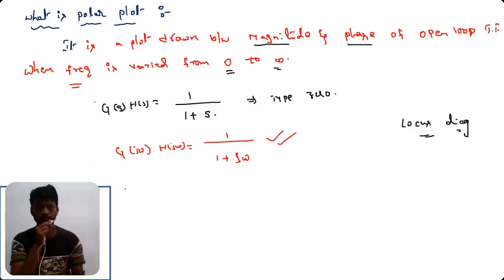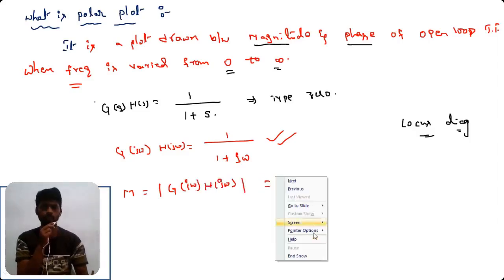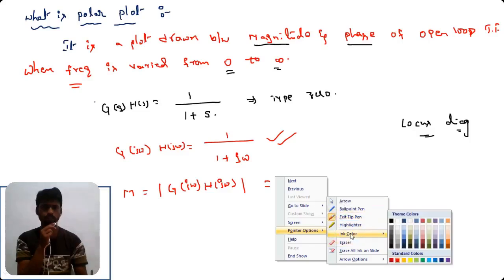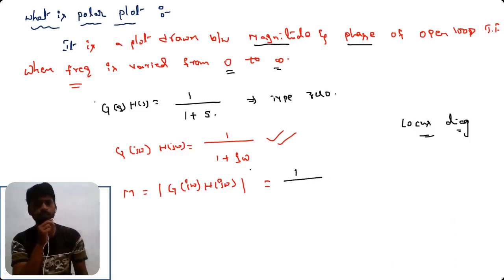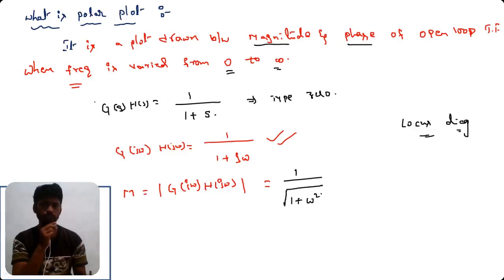For that, I am taking the magnitude M equals mod of G(j omega)H(j omega). Here the numerator is 1, so the magnitude will be 1 only, divided by the denominator 1 plus j omega, whose magnitude is root of 1 plus omega square.